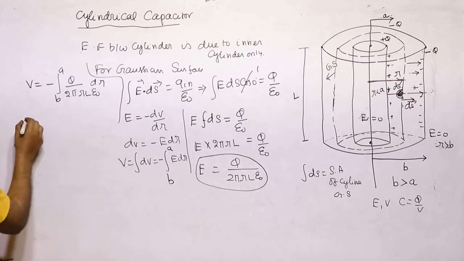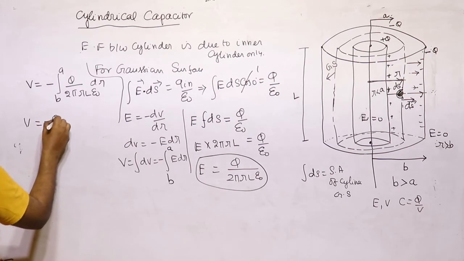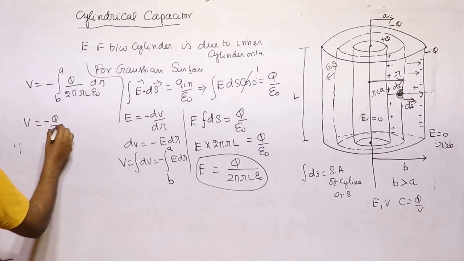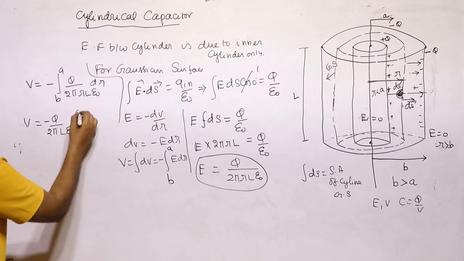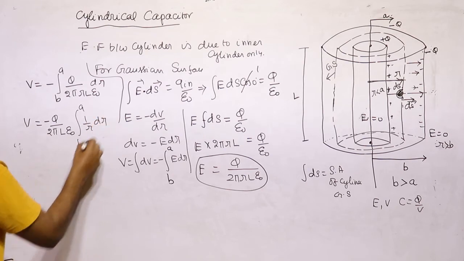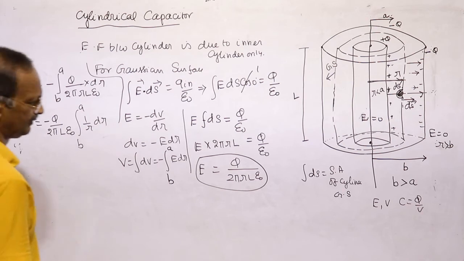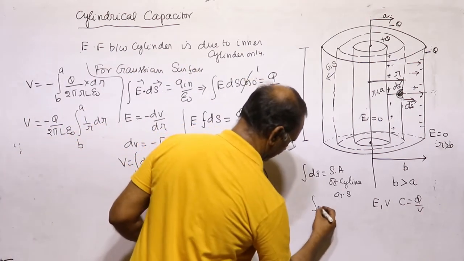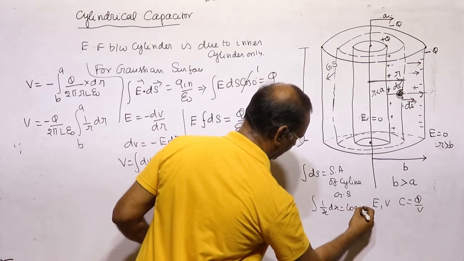So potential is equal to, we can take outside, minus q by 2 pi L epsilon naught into the integral from B to A of 1 by r dr. We know the integral of 1 by x dx is equal to log x.